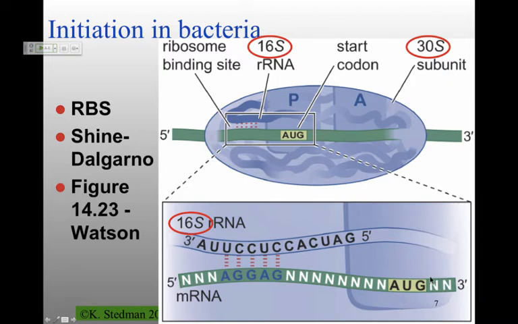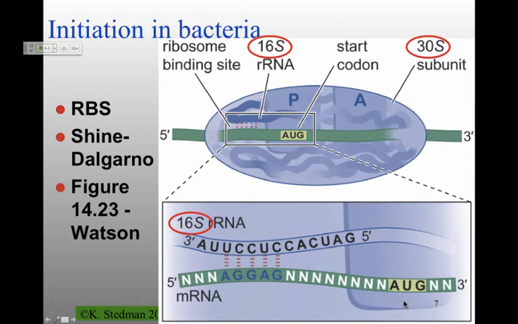And because this is the interaction which is taking place, now hopefully it's a little more obvious why you can have a lot more flexibility in terms of start codons here. Because it's going to be a specific distance away from where that Shine-Dalgarno sequence is, the actual sequence of the codon is not going to be quite as critical.